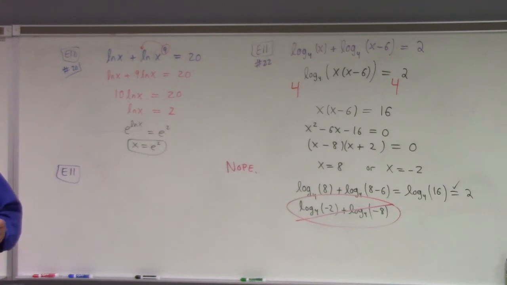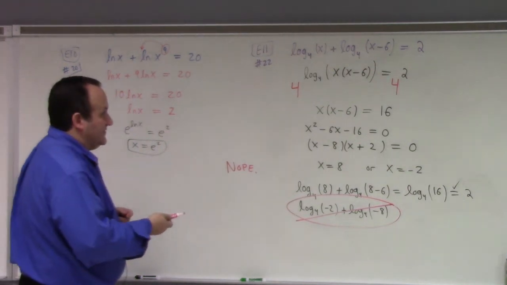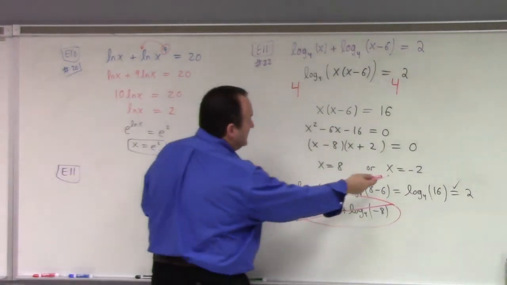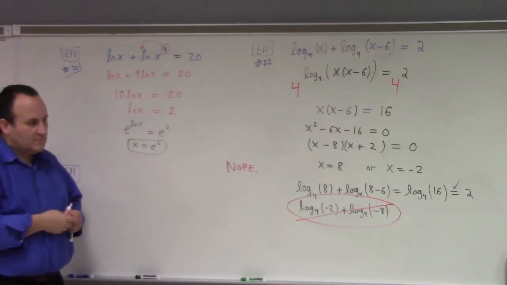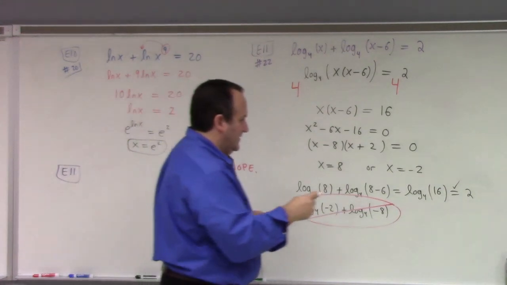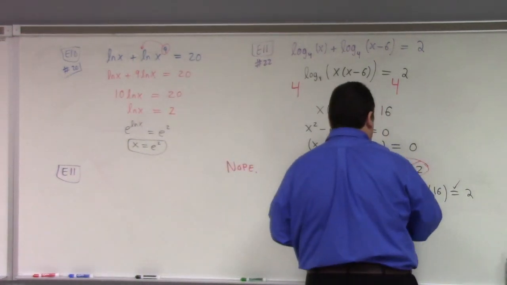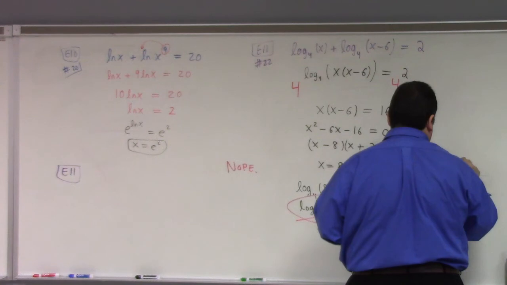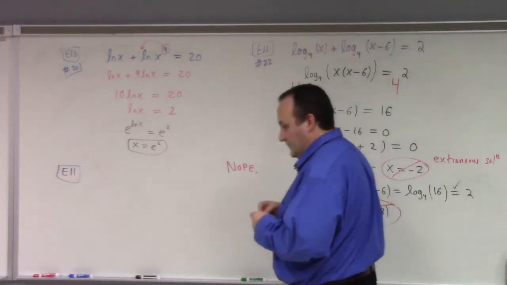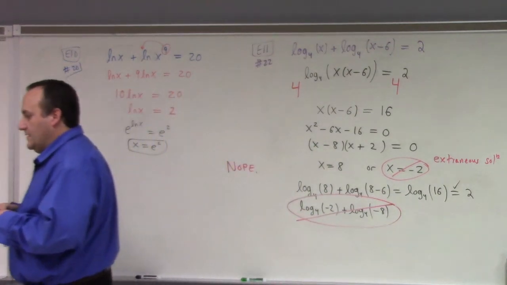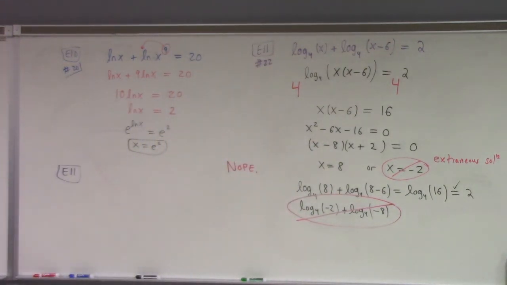It's not allowed, because the domain of the logarithm is the range of the exponential function, and the range of the exponential function is positive numbers. We cannot plug this minus 2 back in here. So what that means is that this is extraneous. It's an extraneous solution, which just means it's not really a solution to our problem. It's a solution to the intermediate algebra problem that we came to midstream in the solution process.